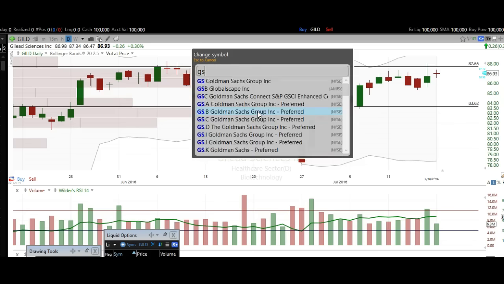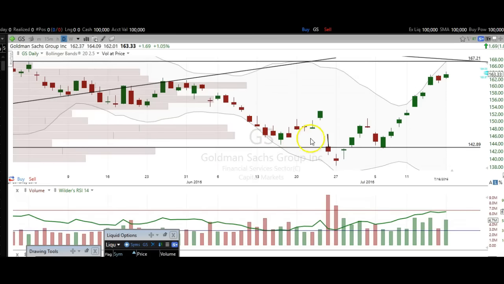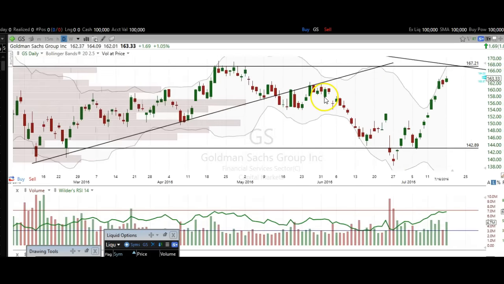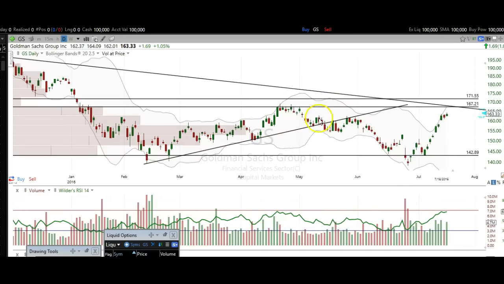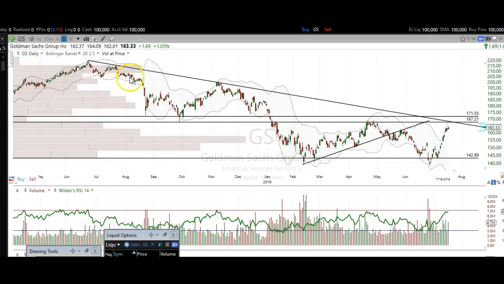Next stock that I want to cover is Goldman Sachs. And Goldman Sachs, we've got a couple things going on here that I want to point out. We've got a longer term downtrend line right here. You can see that it started in June of 2015. We've got a touch here in July, a touch here in November, December, and we haven't quite had a touch just yet.